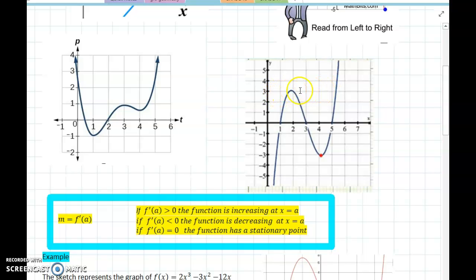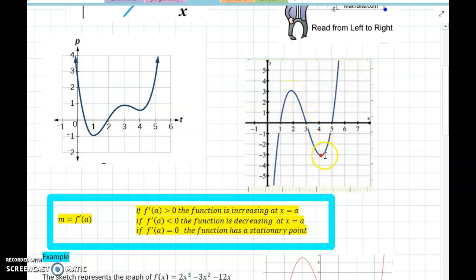If I drew a tangent at this point, the gradient would be 0. Anywhere between these 2 points, x equal to 2 and x equal to 4, the gradient of the tangent would be negative. Note the function is decreasing.